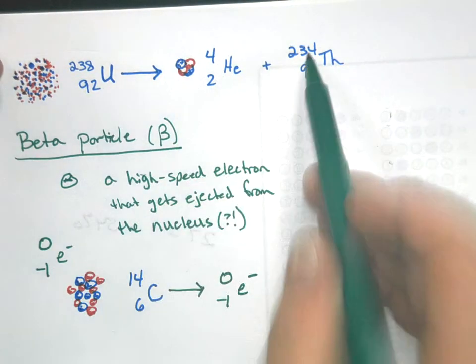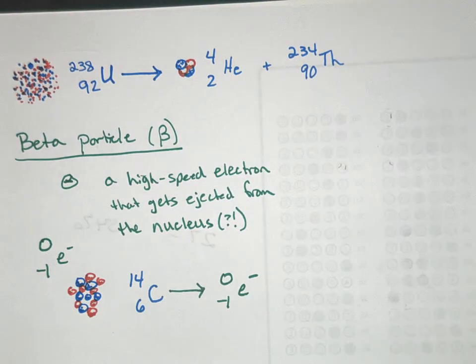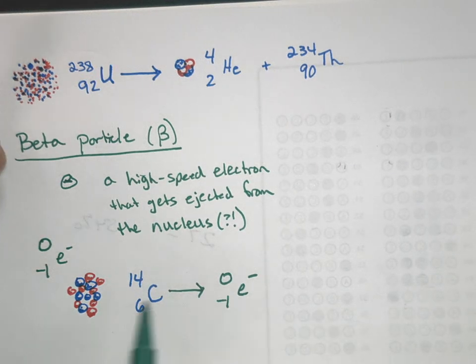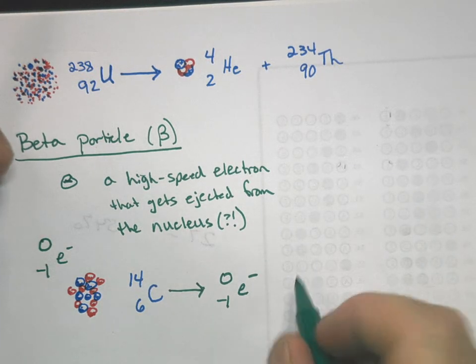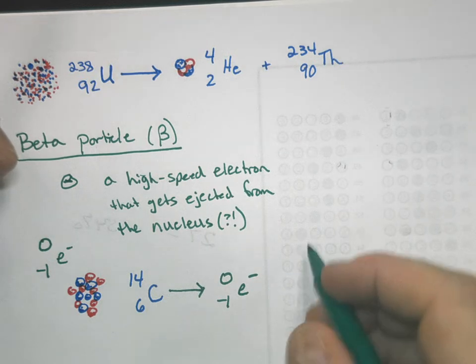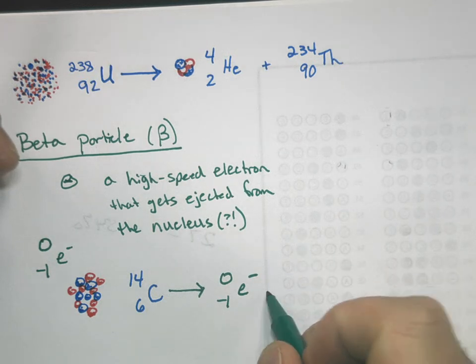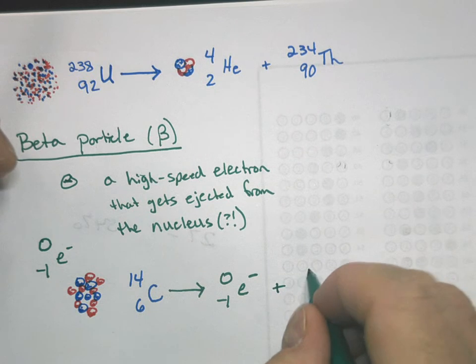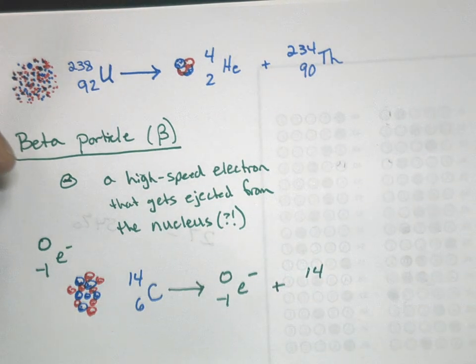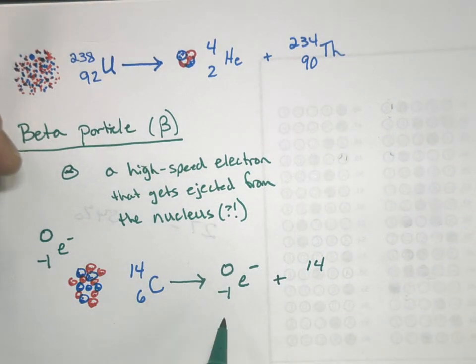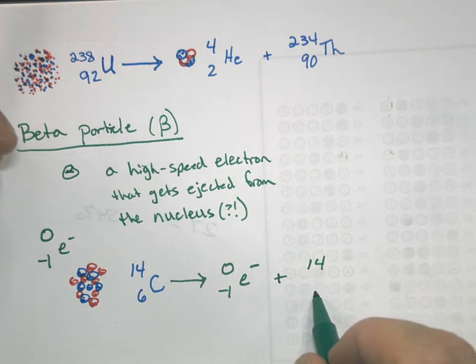If we don't lose any mass, the mass of our new particle is going to be what? 14, right? But if we lose from the nucleus something with a negative charge, if we subtract a negative, it's the same thing as adding a positive.